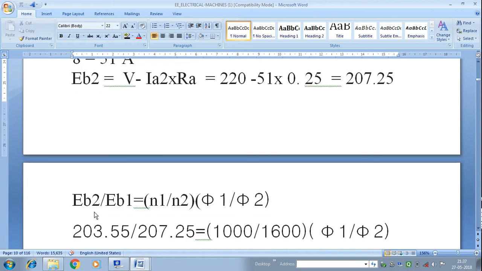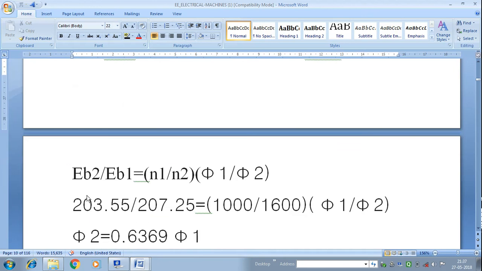Now we already know the relationship EB is proportional to N phi. So EB1 is proportional to N1 phi1 and EB2 is proportional to N2 phi2. Therefore, EB2 by EB1 is equal to N2 by N1 into phi2 by phi1.